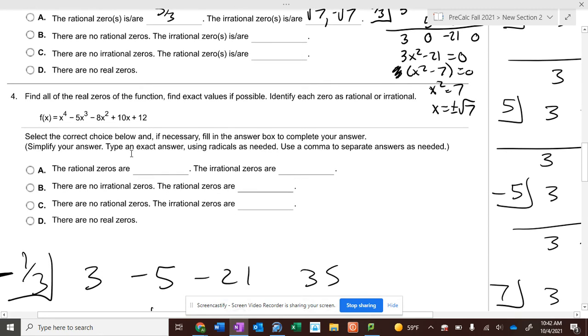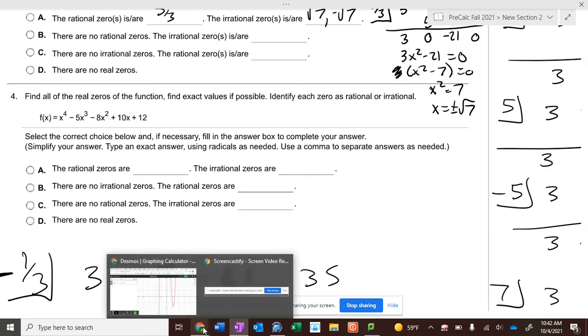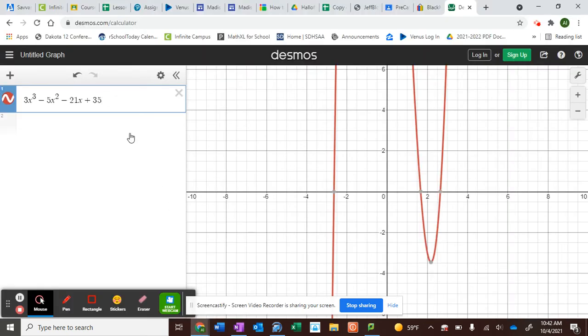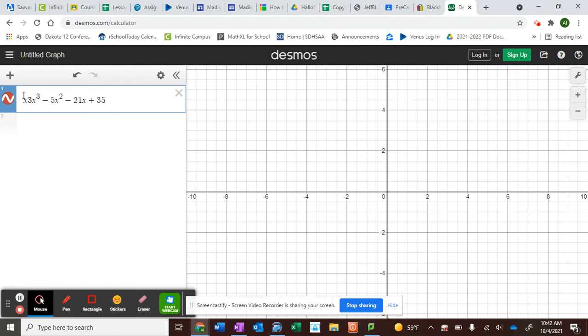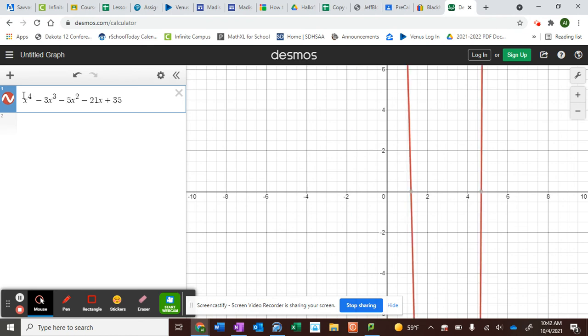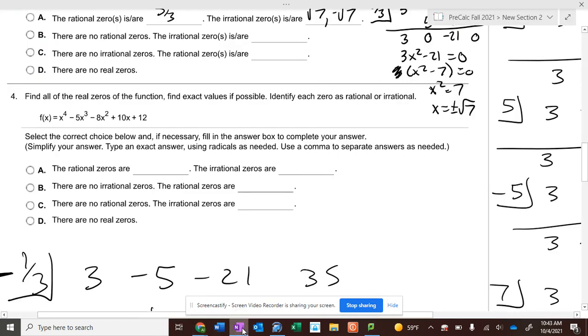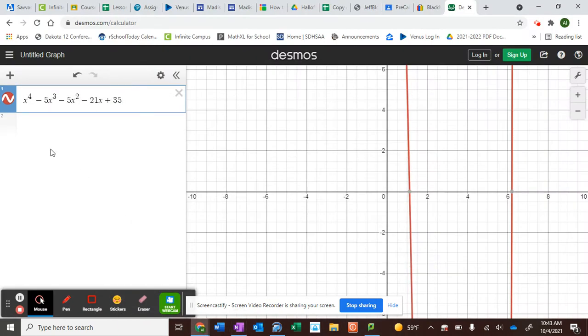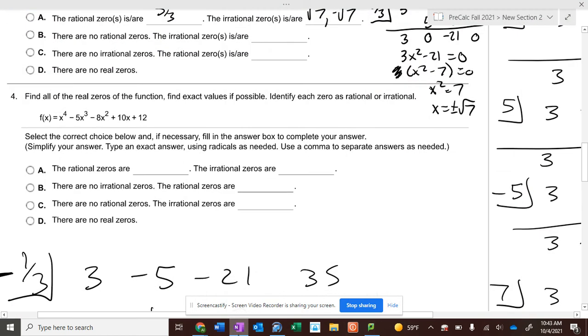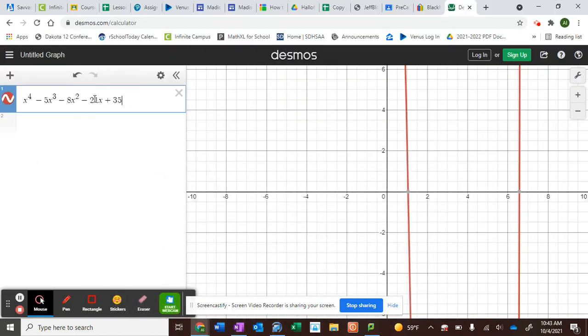So this one, okay, should we cheat again? Okay. So it's x to the fourth minus 5x to the third, minus 8x squared plus 10x plus 12.